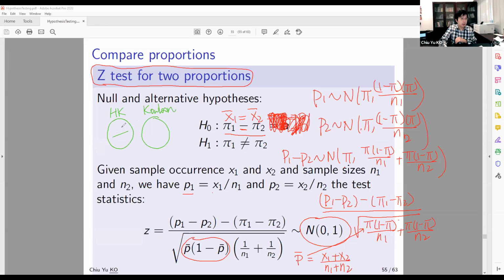You want to see whether they're different or not. If they're the same, then you can use the same menu if you're a restaurant, and so on. If they can be treated the same, then you can use the same business strategy. This is the reason why we have this kind of question.